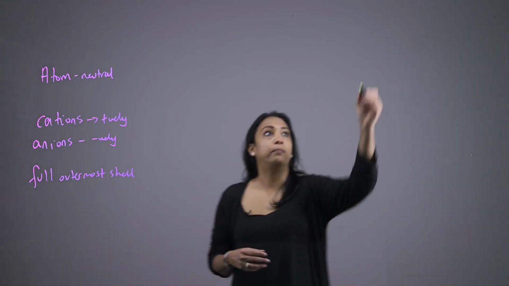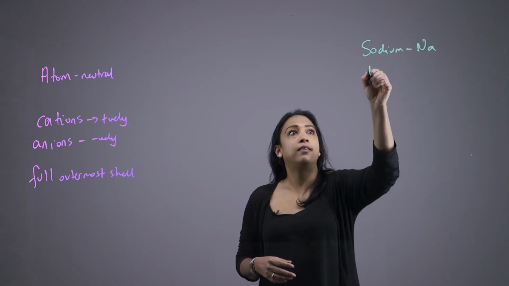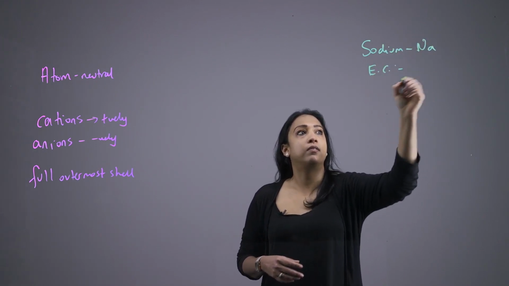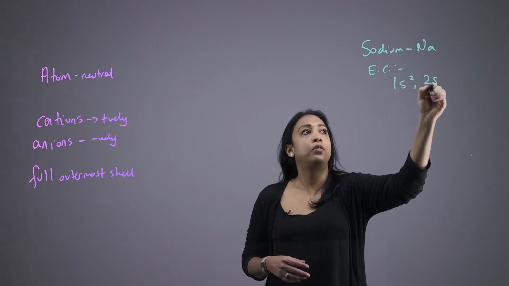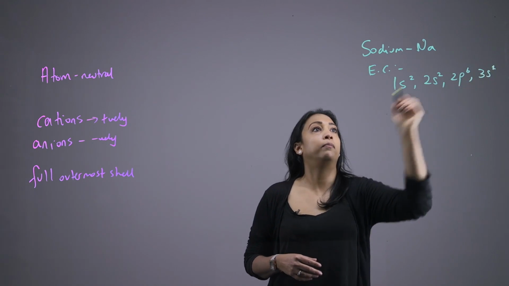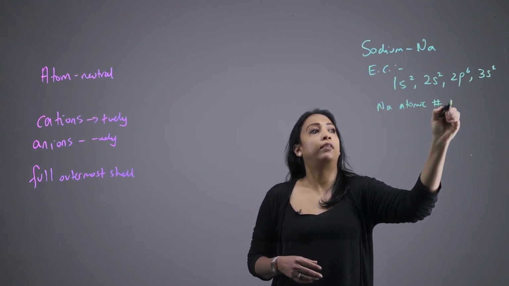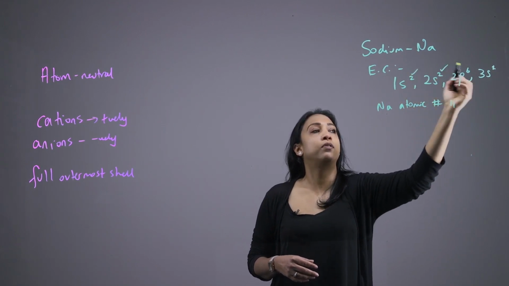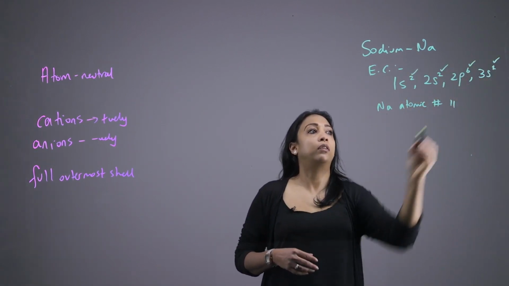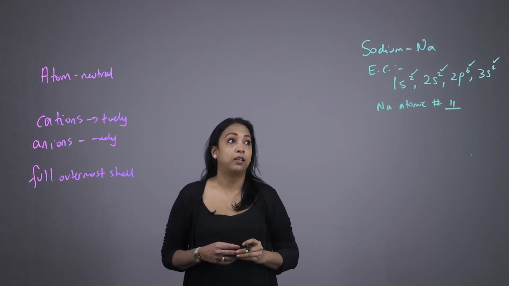Let's look at sodium. Sodium, symbol Na, has an electronic configuration like this: 1s2, 2s2, 2p6, and 3s1. Sodium has an atomic number of 11, so we get 2 plus 2 plus 6 plus 1, 11 protons in the nucleus of this atom.